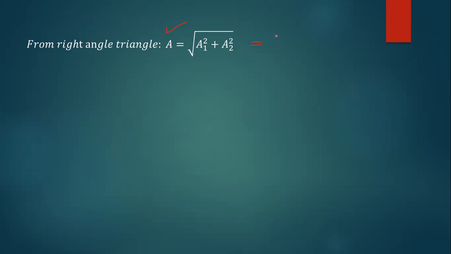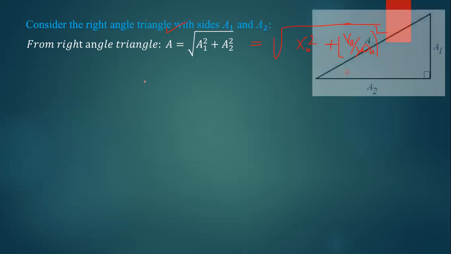That means it is equal to x naught square plus v naught over omega n, as a whole square. So that is the amplitude.